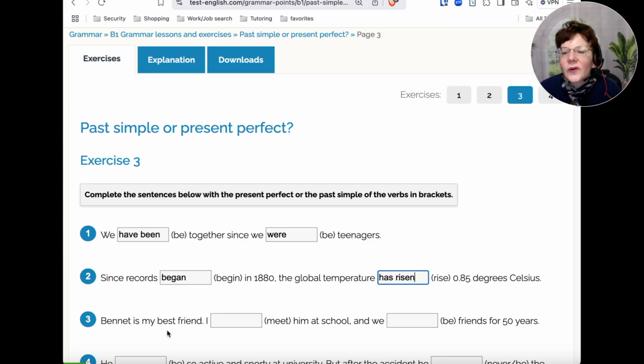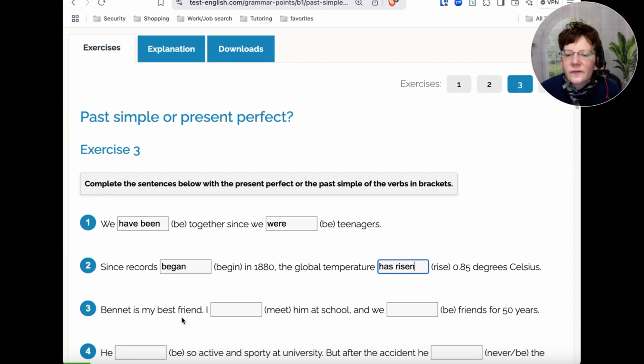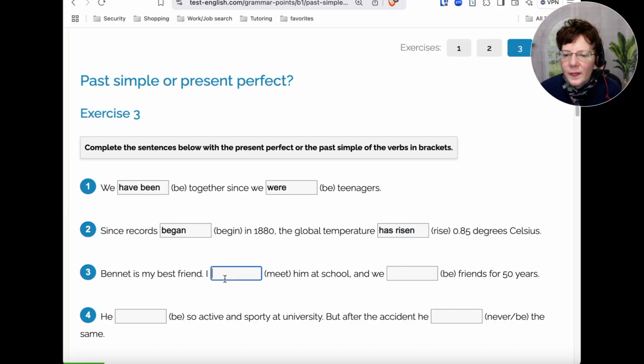Okay, one more. Bennett is my best friend. I meet him at school and we be friends for 50 years. So we're talking about a specific time when we met Bennett, right?